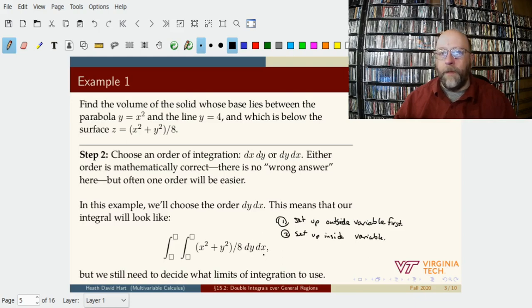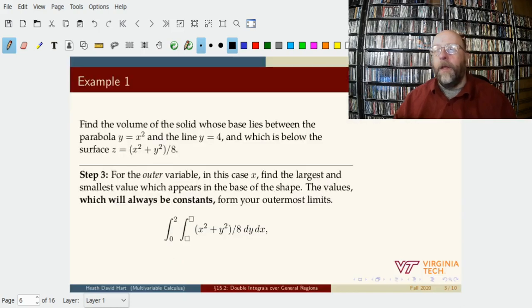So we're going to set up the boundaries in the x direction. I'll draw the picture again and remind you what it looked like. That was the parabola y equals x squared, and the horizontal line y equals 4.